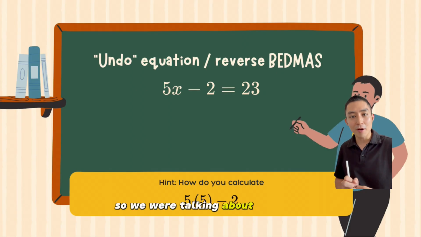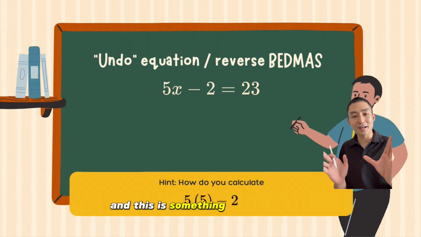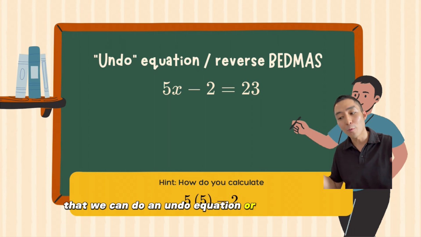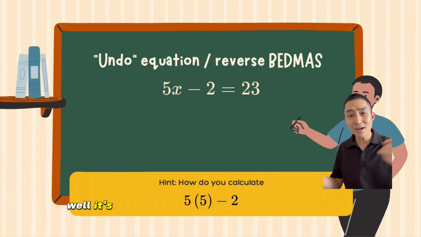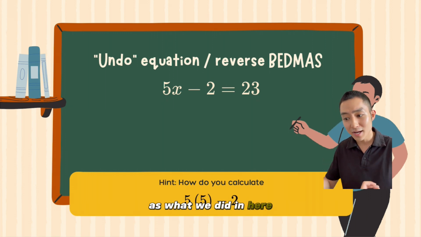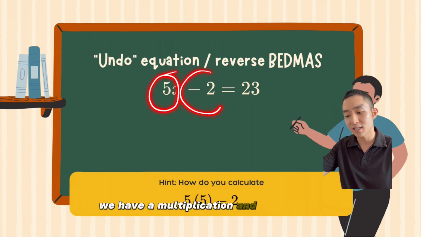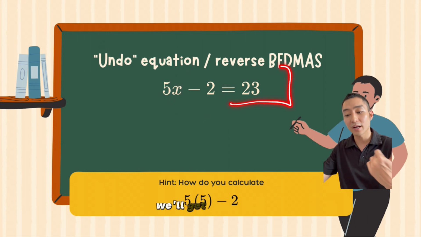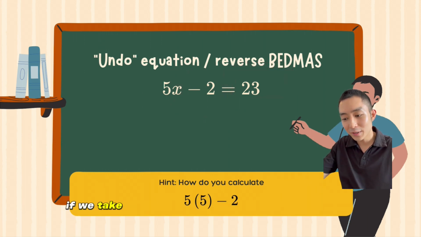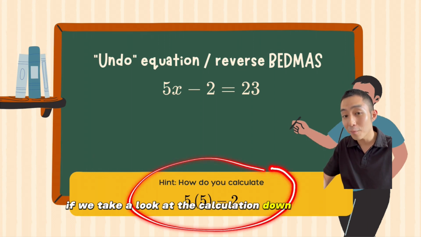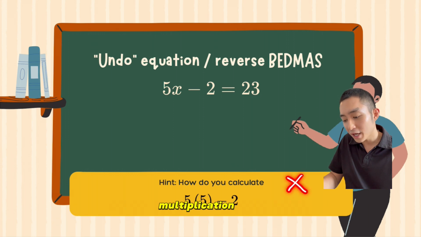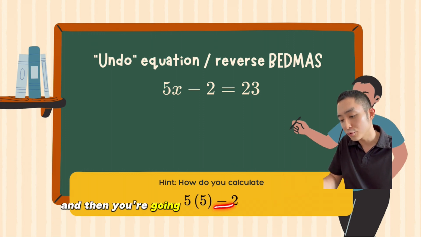So we were talking about inversing, and this is something that we can call undoing the equation, or reverse BEDMAS. It's not as simple as just multiplying or dividing as what we did. In here, we have a multiplication and subtraction, and after that, we'll get an answer. How to work on that? If we take a look at the calculation down below, you see that you're going to work on multiplication first, and then you're going to minus that.